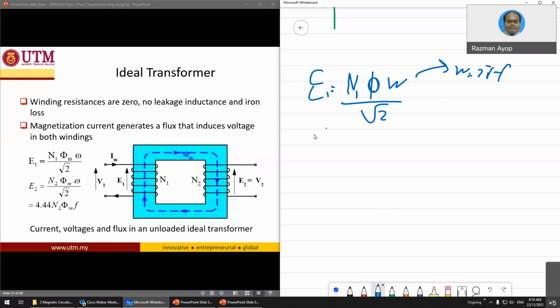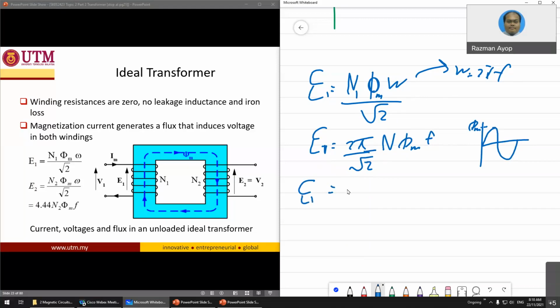So E1 is equal to 2 pi over square root of 2 times N flux. This is the maximum flux, the peak, because it is sinusoidal. So E1 becomes 4.44 N1 flux maximum frequency.